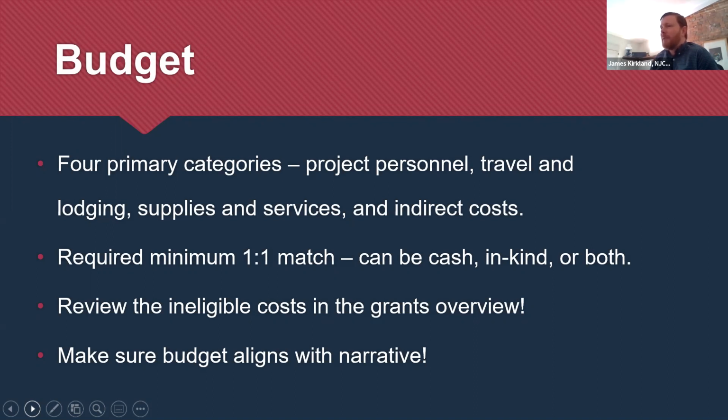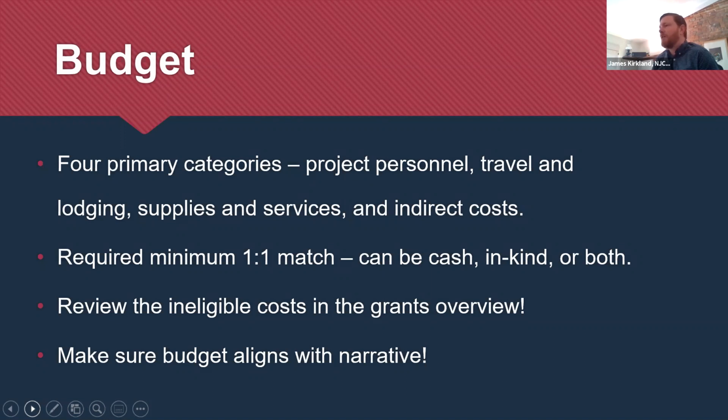So we require a one-to-one, 100% match in the aggregate, but you don't need to match each individual line item. For example, if you request $1,000 for a humanities scholar, you don't need to match $1,000 cash or $1,000 in-kind for them. You can have all the request in one category and all the match in another. Depending on your organization, you might have a lot of cash, or you might have all in-kind.